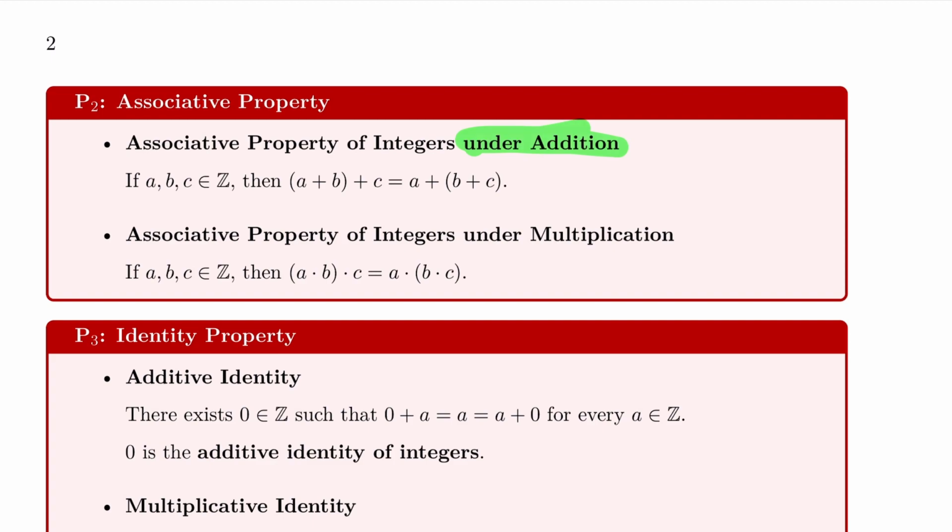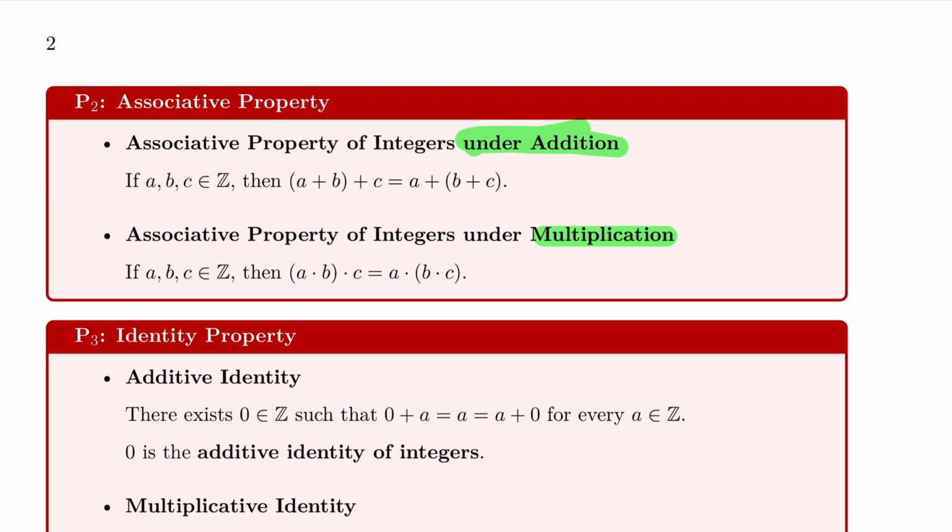If you have any three integers and you want to add them, you might add the first two integers and then add the last one, or you might add the last two integers and then add the first one. The same goes with multiplication. This is the associative property under multiplication.